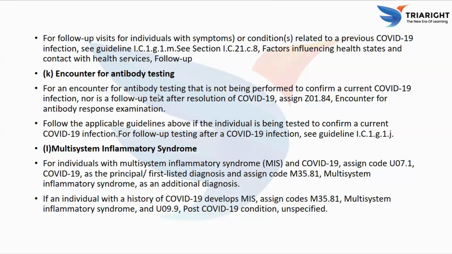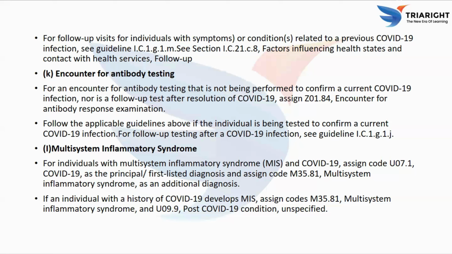Encounter for antibody testing. What does it mean? An encounter is the reason the patient is visiting the healthcare provider. When a person comes only for antibody testing, not to detect a current COVID-19 infection and not as a follow-up test after having COVID-19, you have to use code Z01.84, encounter for antibody response examination.